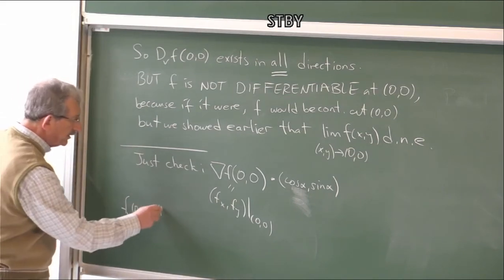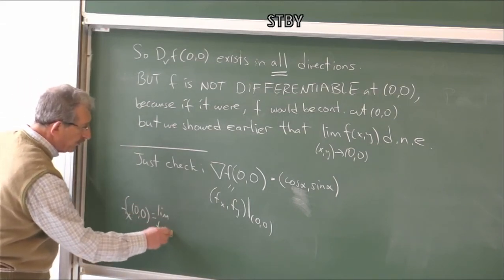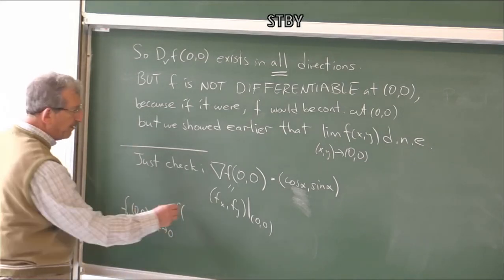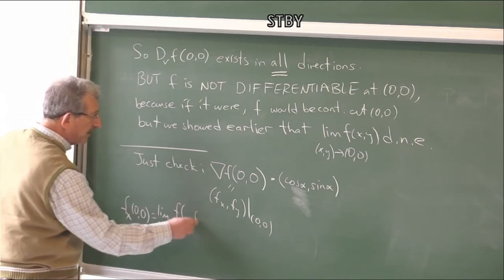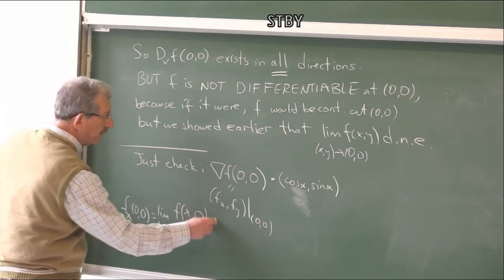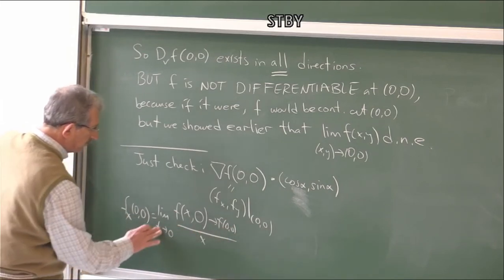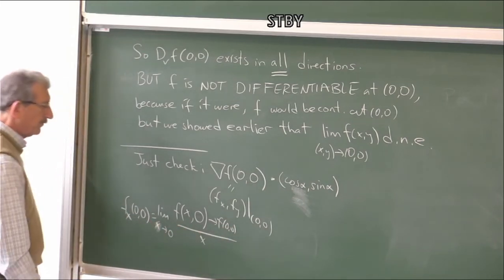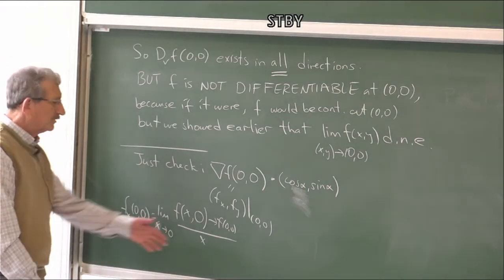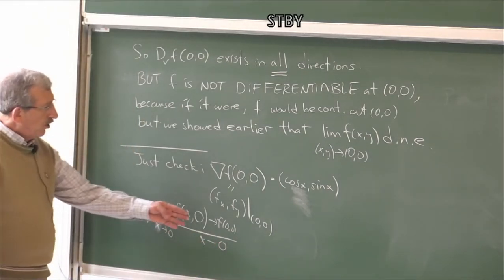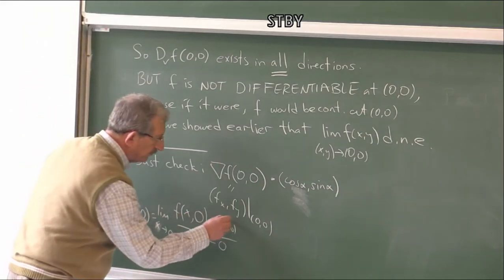This is the limit as x goes to 0 of f(x, 0) minus f(0, 0), divided by x. Well, f(0, 0) is 0.